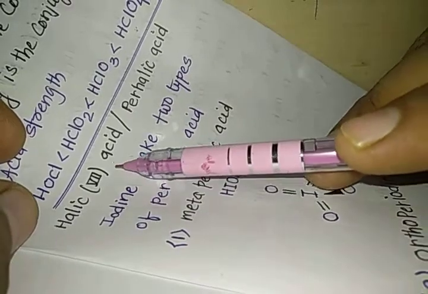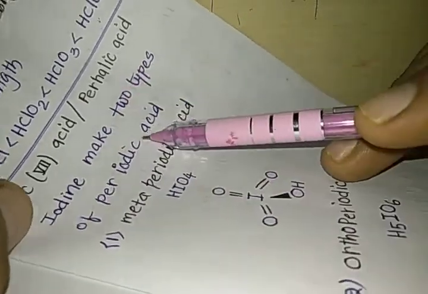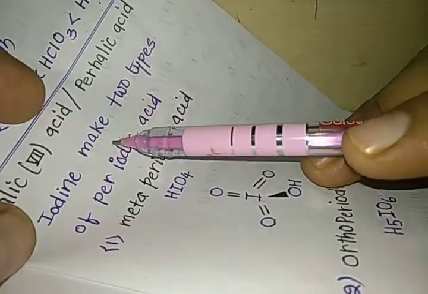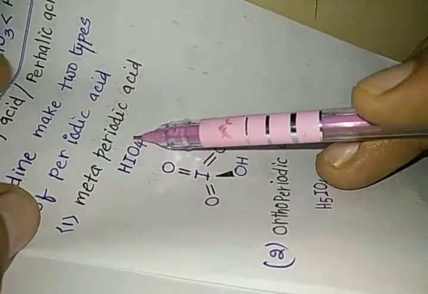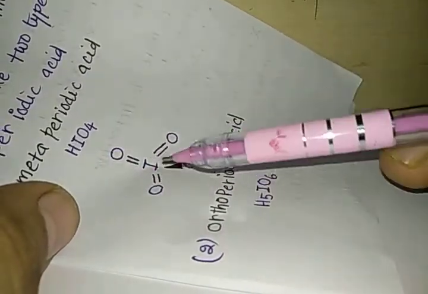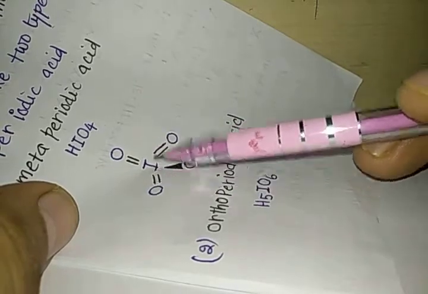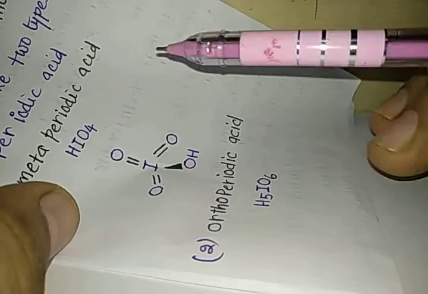Then we have the halic 7 acid, which is also perhalic acid. There is a speciality of iodine: iodine makes two types of periodic acid. One is known as metaperiodic acid, HIO4, which has a tetrahedral structure with iodine bonded to three oxygens with double bonds and one OH bond.